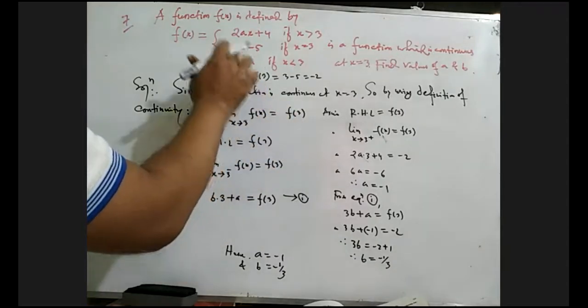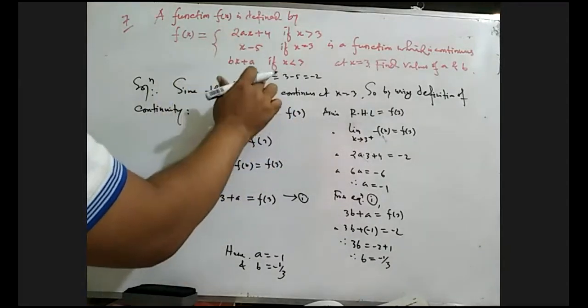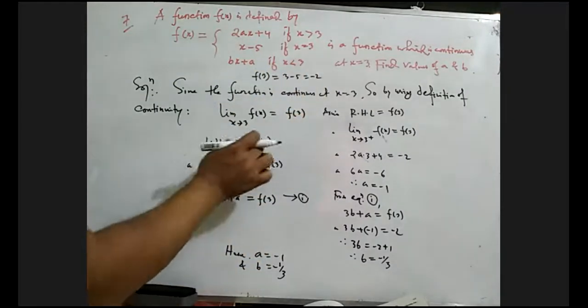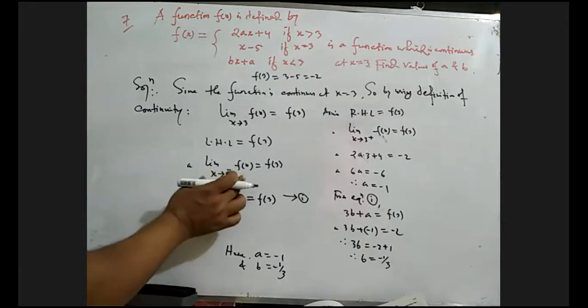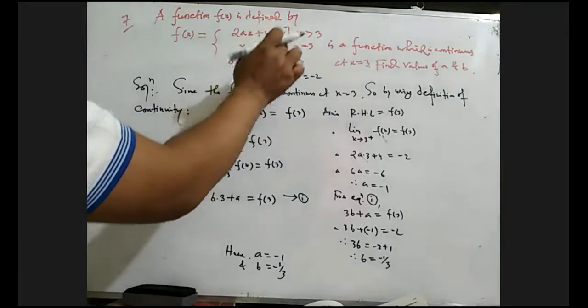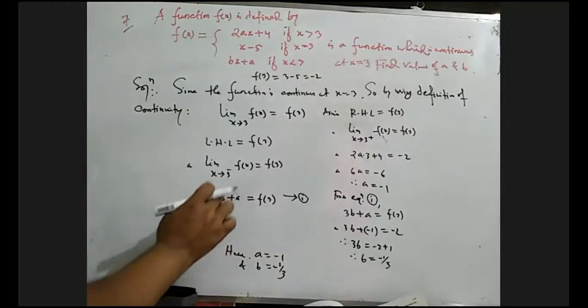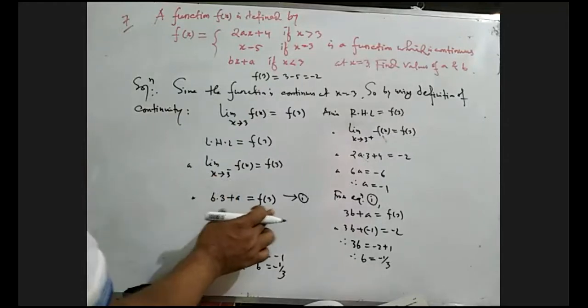But f of 3 is 3 minus 5, that means minus 2. So the left hand limit equals f of 3, where for x less than 3 the function is bx plus a, putting the limit value x equals 3, to get this equation number 1.